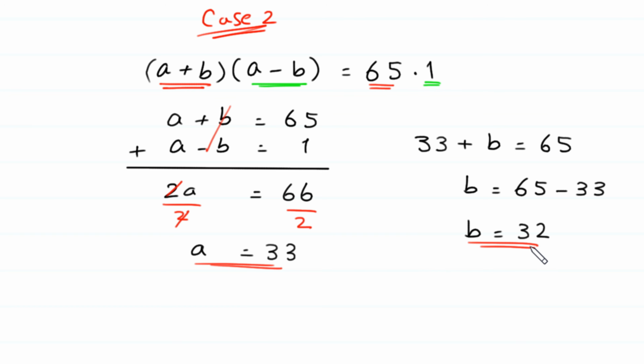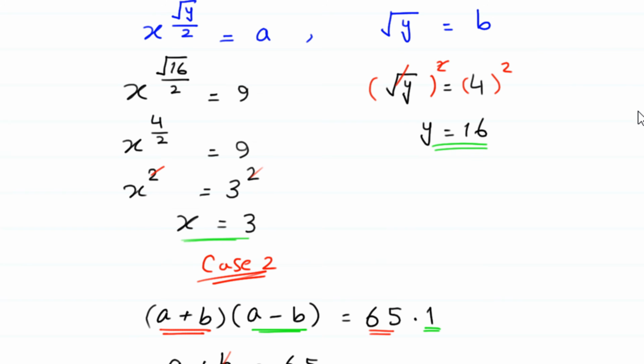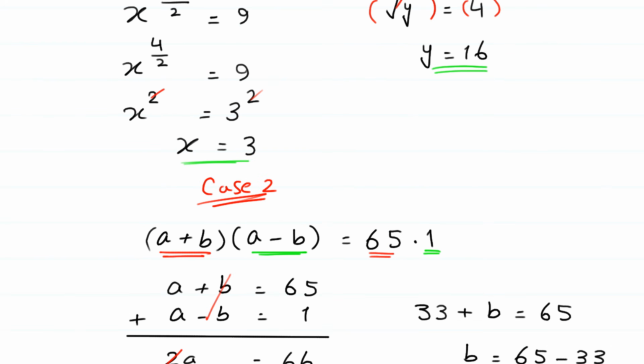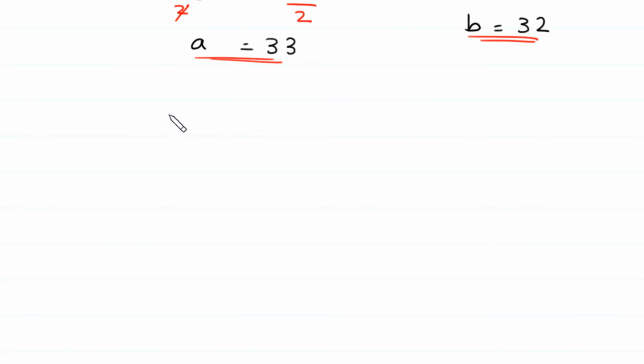Now recall that we have supposed that x to the power square root of y over 2 is equal to a and square root of y is equal to b.